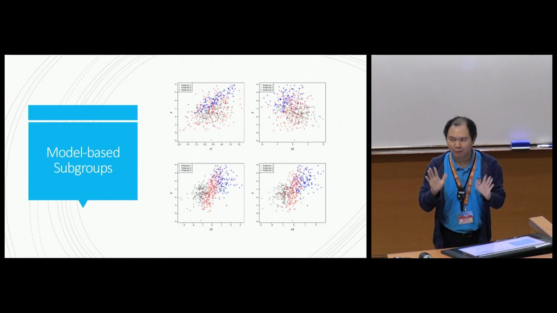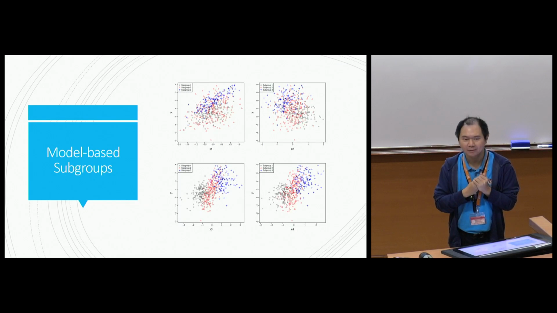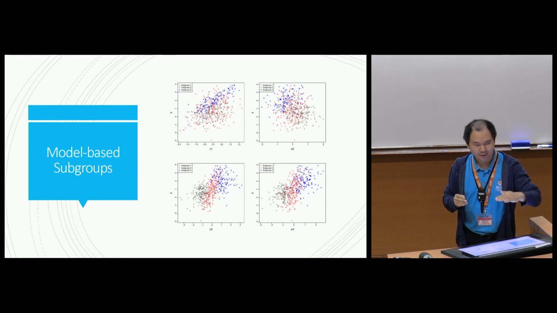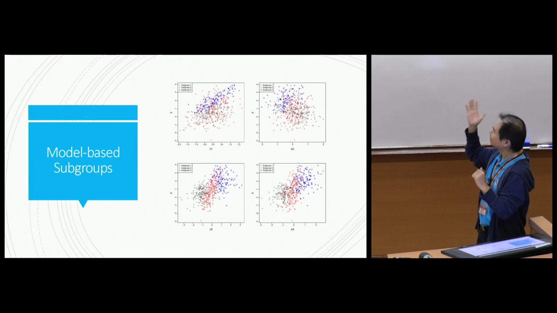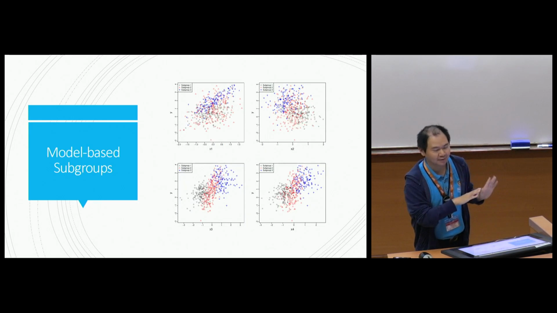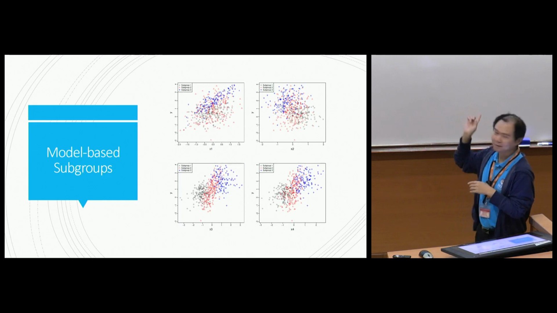Now if you want to find out subgroups, these subgroups could form in different patterns. Then how should we find those subgroups? It should be based on the data you have. Here is one hypothetical example from one of our simulation settings. In this picture, I showed you 4 scatter plots.